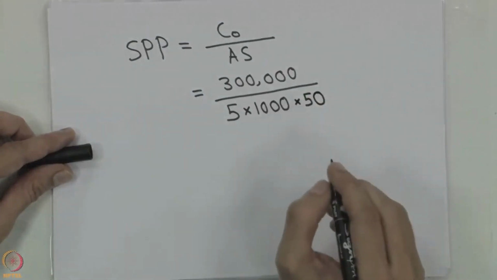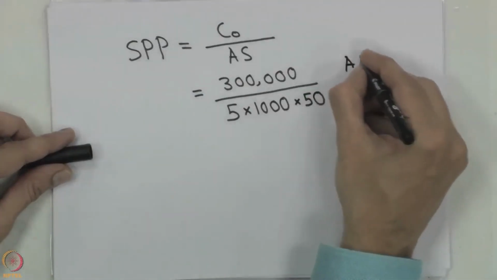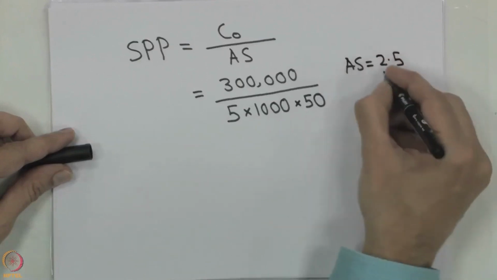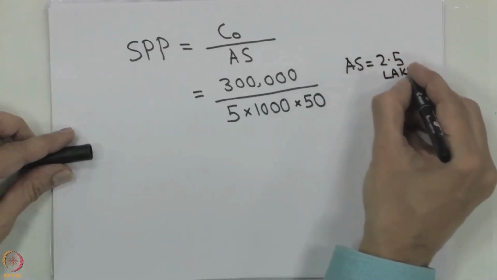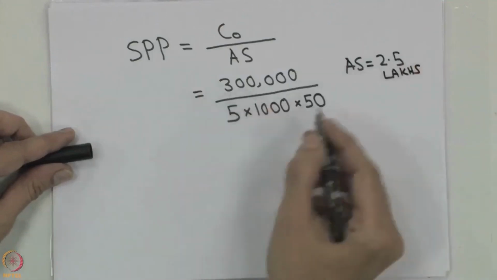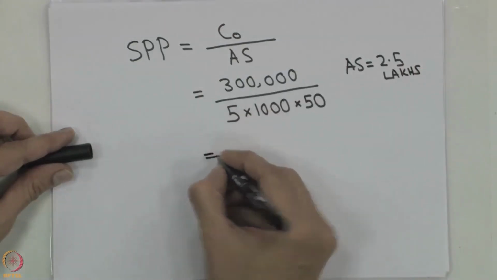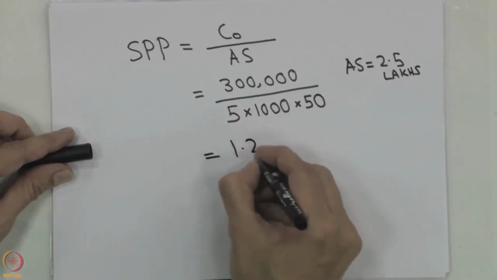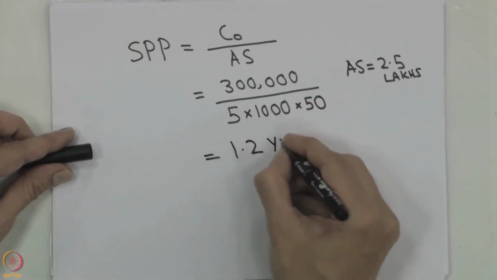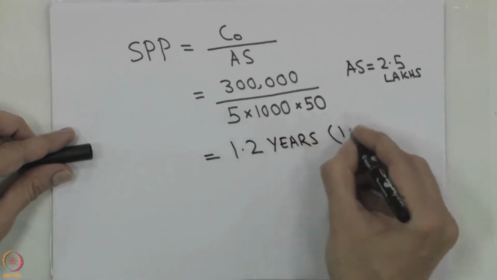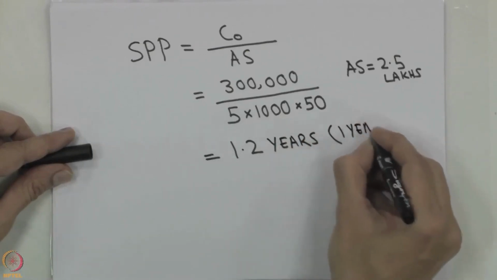So, the annual savings is 2.5 lakhs, right, and the simple payback period is simply 3 lakhs divided by 2.5, which is nothing but 1.2 years, or roughly 1 year 3 months.